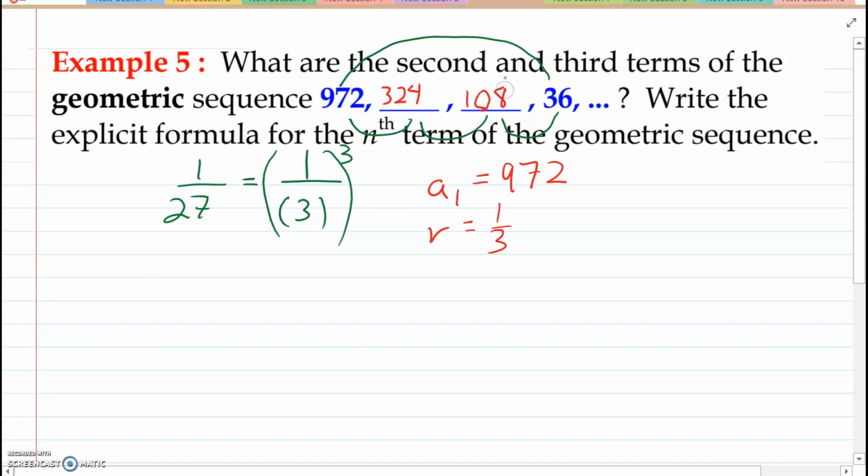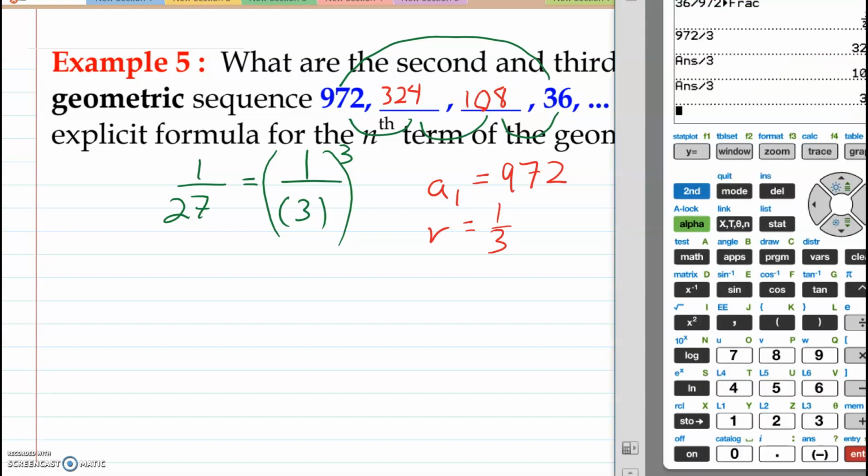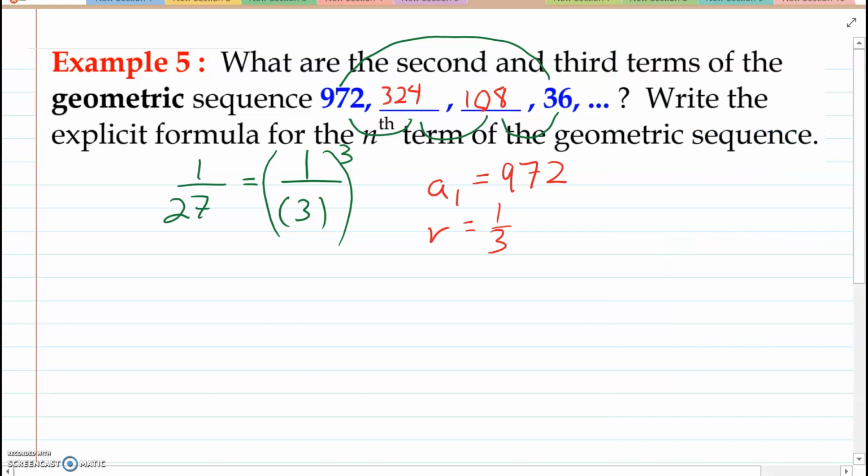And then I divide by 3 again, and guess what? I still get to my 36 there. So the explicit formula for my geometric sequence needs to be a sub n equals 972 times 1/3 to the n minus 1.